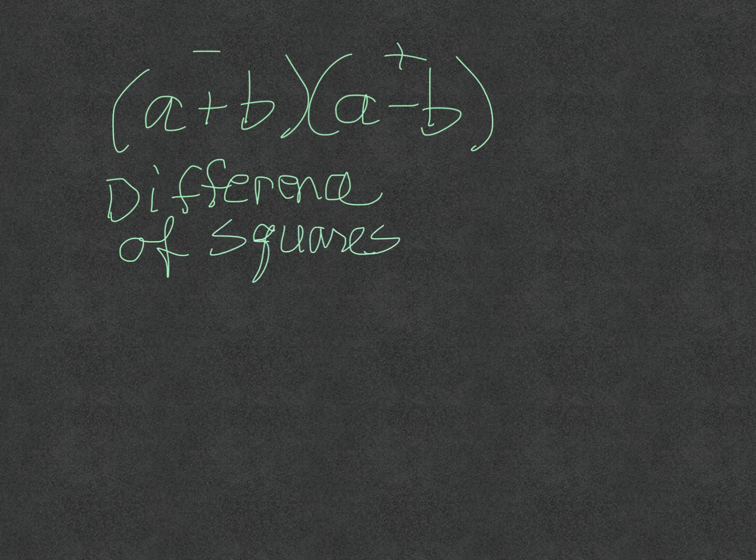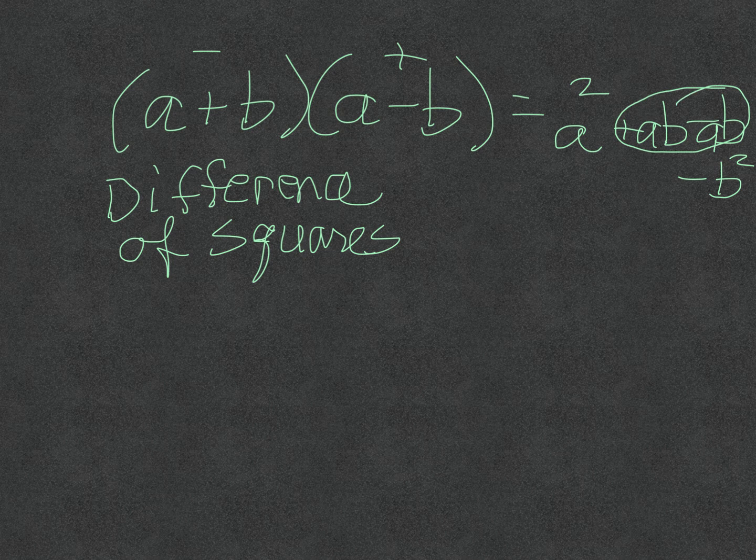If we multiply these out with FOIL, what we end up getting is a squared plus ab minus ab minus b squared. And so the plus ab minus ab, the like terms we collect, add out, and we end up with a squared minus b squared.